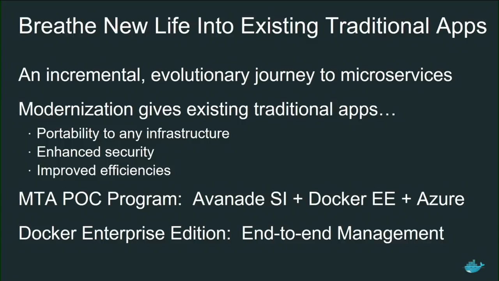It can improve the security of 10-year-old applications, and it can reduce your costs in terms of both infrastructure as well as people dramatically. We're very proud to have a partnership with Avanade and Microsoft to help customers get started on this journey. We call it the Modernized Traditional Apps POC program. That includes Avanade Services, Docker Enterprise Edition product, and Azure Services.